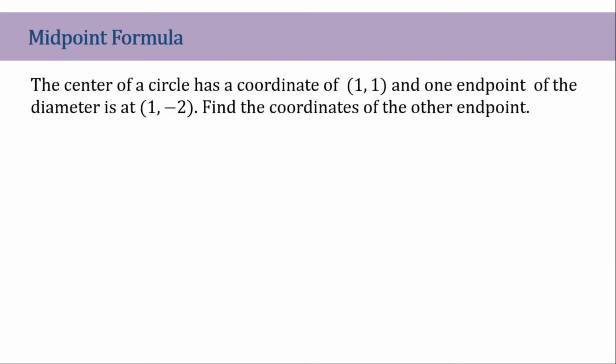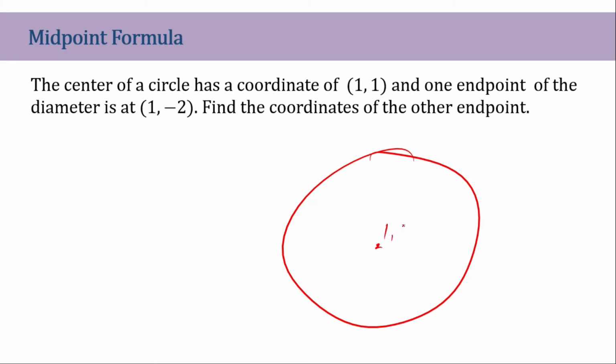Now, next problem. The center of the circle has the coordinate of 1 comma 1 and an endpoint of the diameter is at 1, comma negative 2. Find the coordinates of the other endpoint. So this is the same problem as the previous problem. The center is 1, comma 1, and one endpoint is 1, comma negative 2.